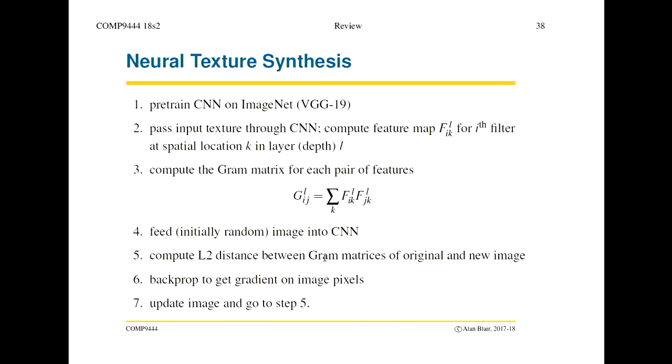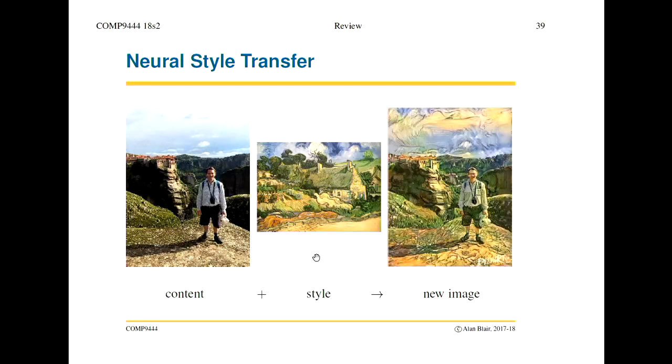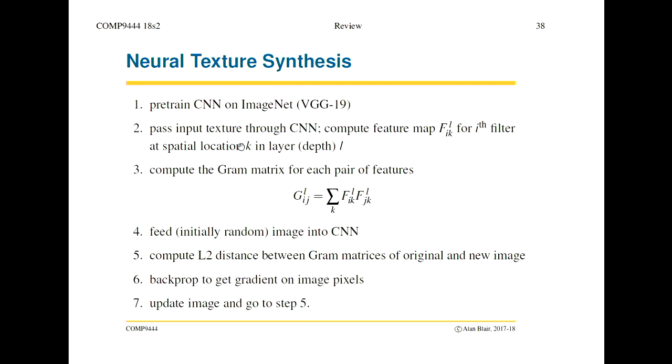And finally, we looked at this example of neural texture synthesis, where you take the content of one image and the style of another image and merge them together, and it looks like you're standing in a Van Gogh painting. We looked a little bit at how this is achieved. It takes the feature maps and computes the Gram matrix for the pairs of features.